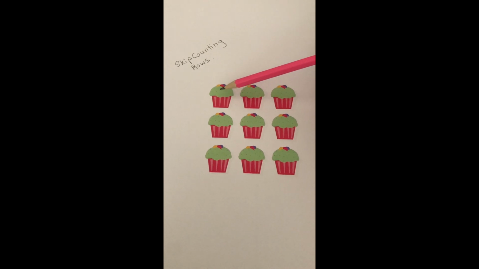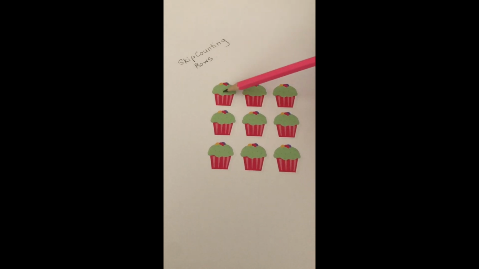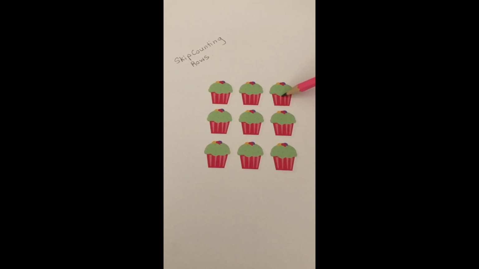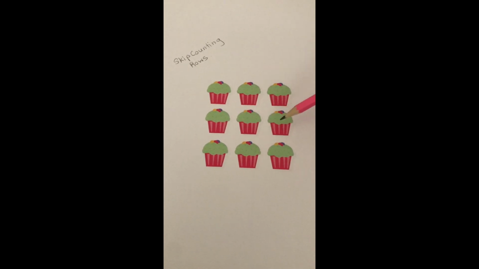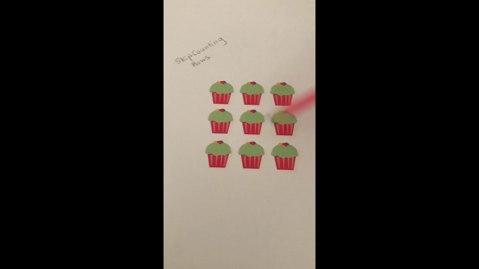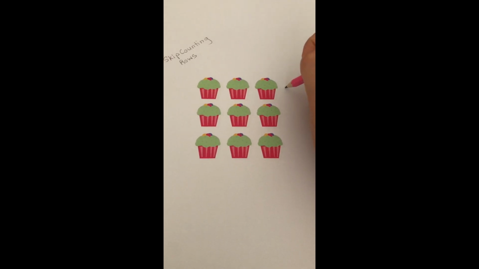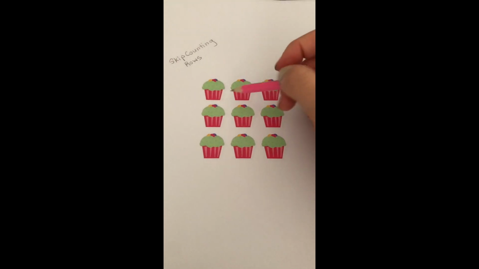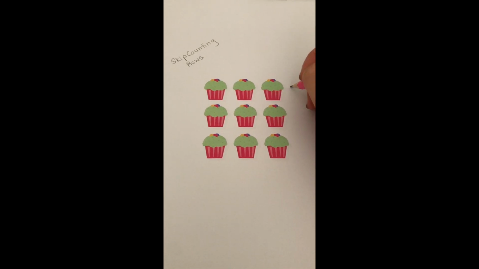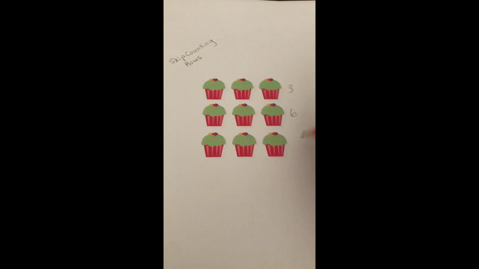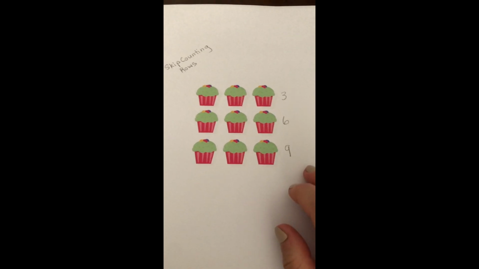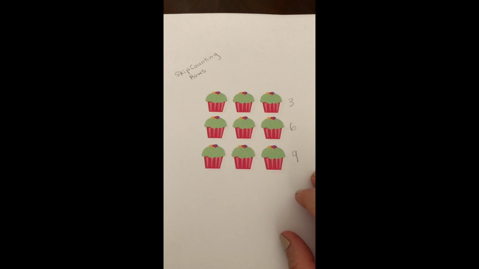So I can see my rows go across. I have 1, 2, 3 cupcakes in each of my rows. So I'm going to skip count by 3s and record my answers on the next side. So 3, 6, 9, if I'm skip counting by 3s.